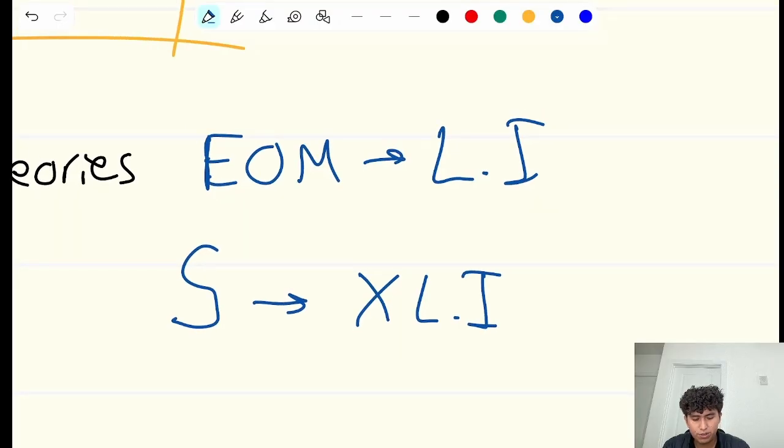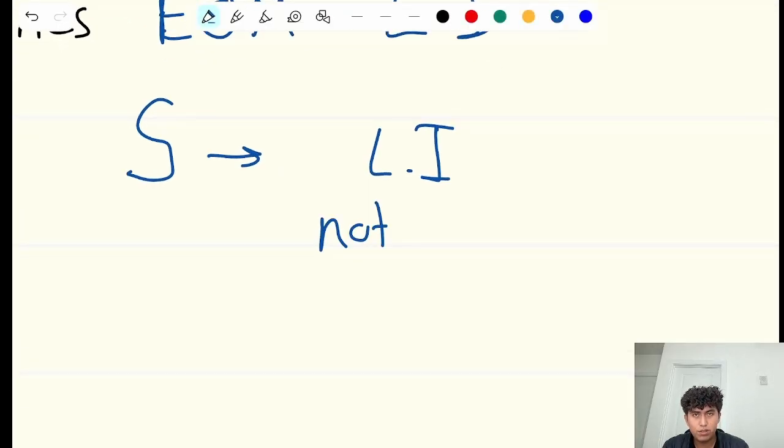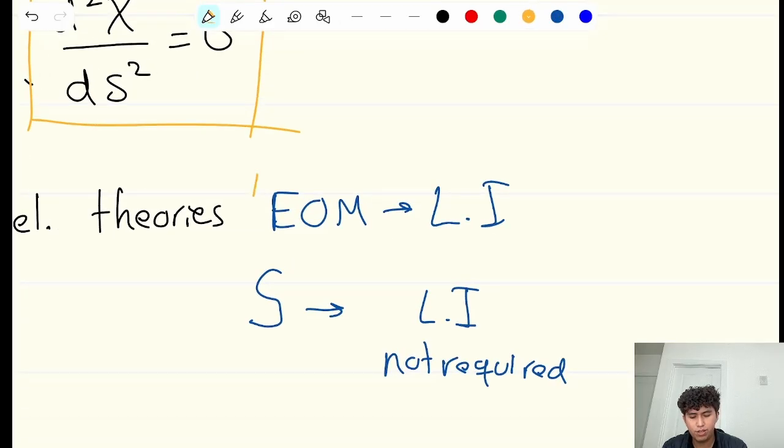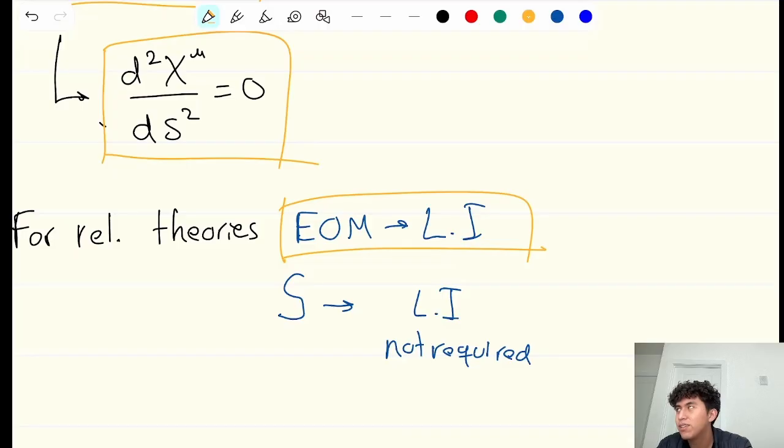If it is, it's great, but it's not required. The only thing we require for a good relativistic theory is that equations of motion are Lorentz invariant. And this is going to apply to almost every special relativity action, or relativistic action, you're going to see in the future, because you don't want your equations of motion to depend on who's observing. The physics doesn't depend on observers.